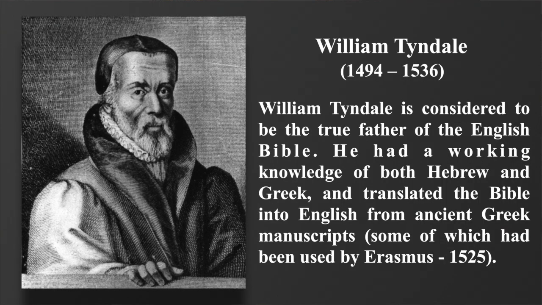William Tyndale is considered to be the true father of the English Bible. He had a working knowledge of both Hebrew and Greek and translated the Bible into English from ancient Greek manuscripts, some of which had been used by Erasmus in 1525.